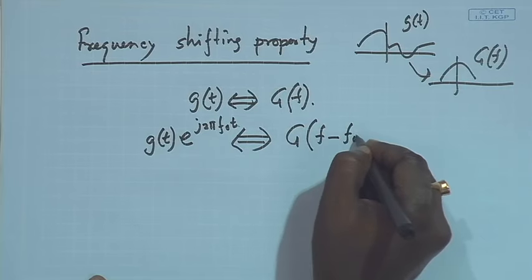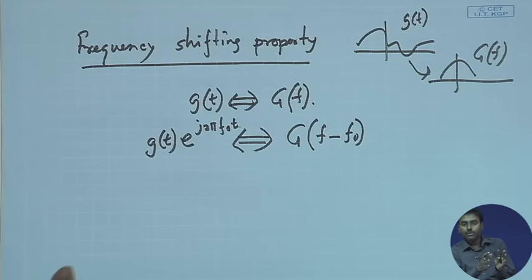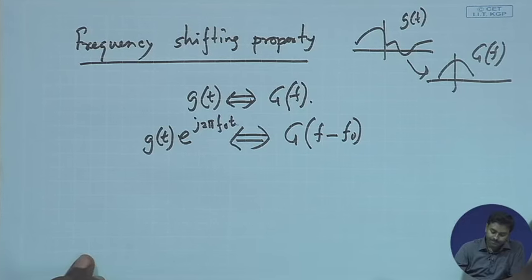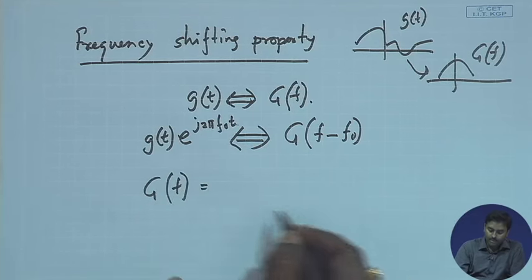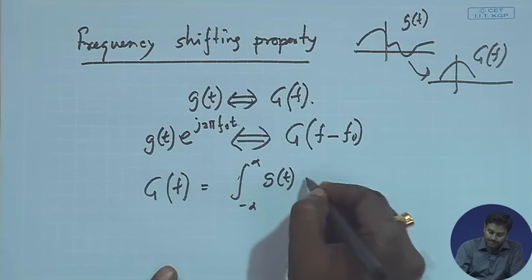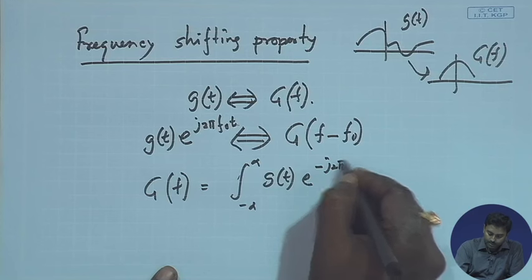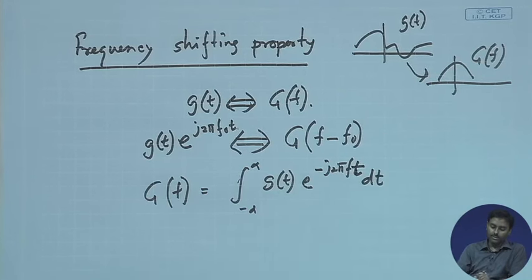So, this is something we wish to prove. There is a very simple way of proving this. Suppose we know G(f) is the integral from minus infinity to plus infinity of g(t) e to the power minus j 2 pi f t dt. So, this is something we know.